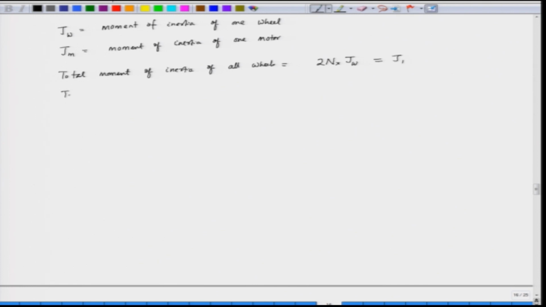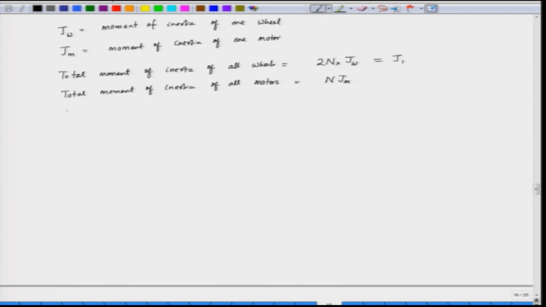Similarly, total moment of inertia of all motors is equal to N into Jm. Jm is the moment of inertia of one motor, and the referred value we have to find out.